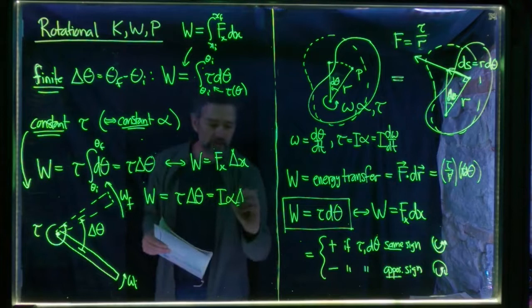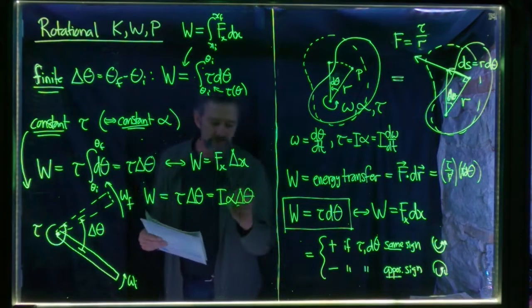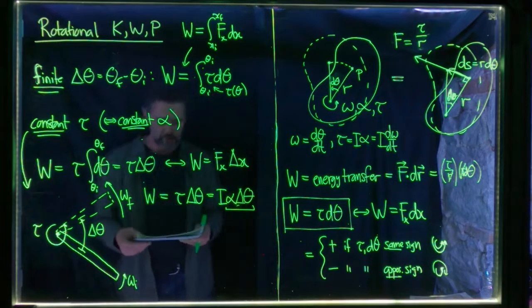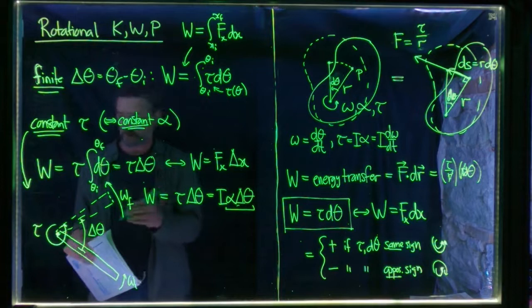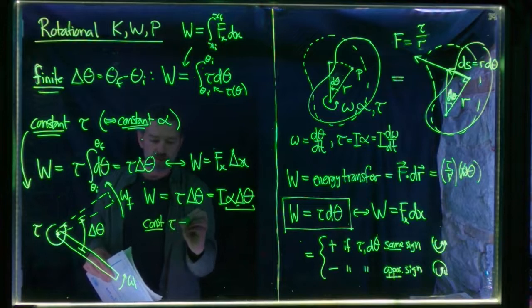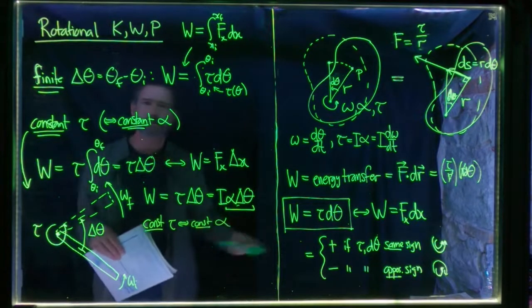Okay, and then we multiply by delta theta, and then we say, oh, wait a minute, I recognize this. I recognize alpha times delta theta. Okay, so we remember if we have constant torque, that means we have constant angular acceleration alpha.